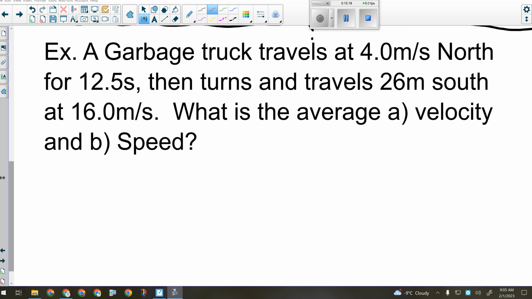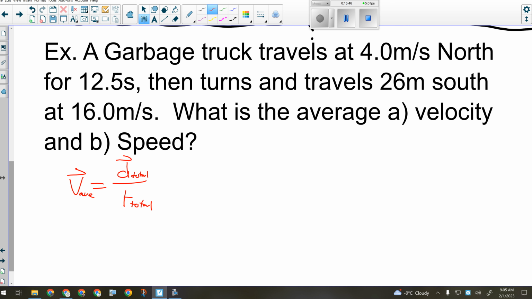So here's what we need to understand about the two formulas we learned yesterday. This formula actually means average velocity equals total displacement divided by total time. We never write those things in there, but it's inferred by that formula.